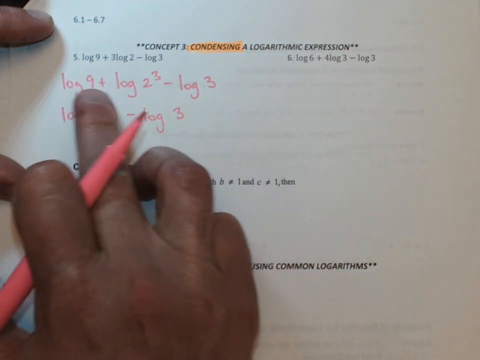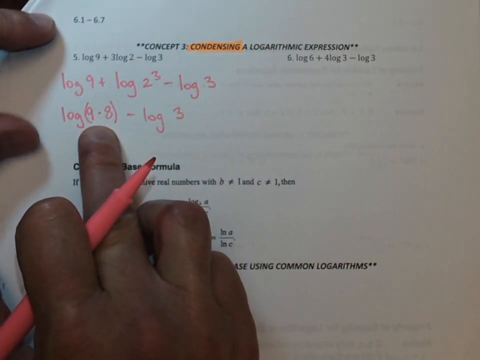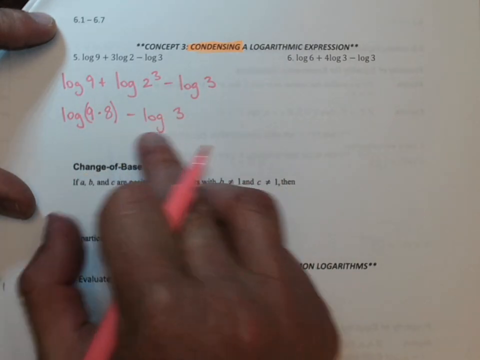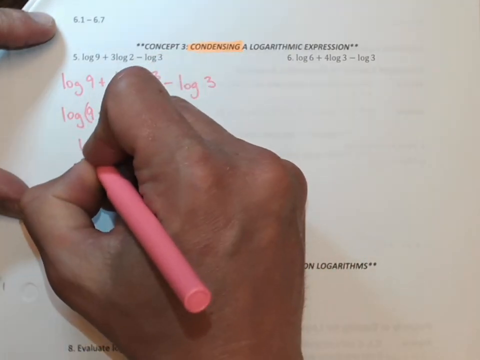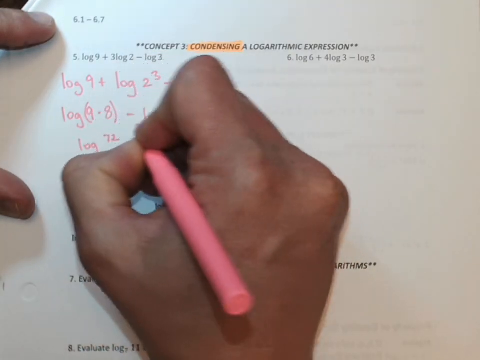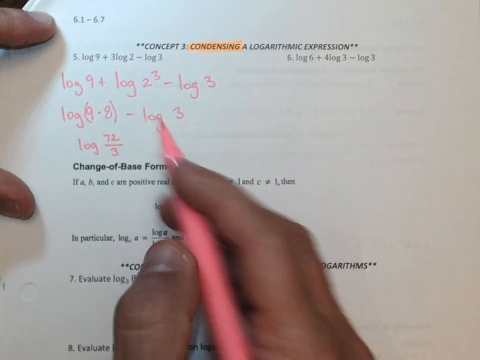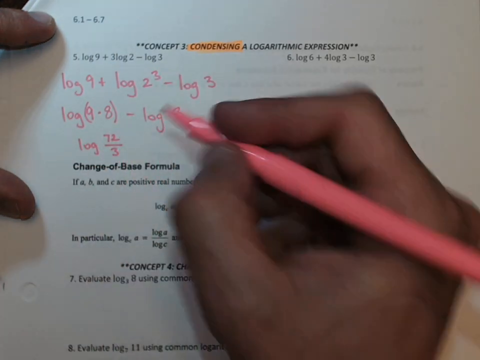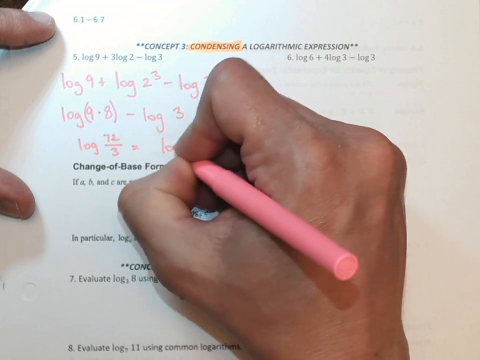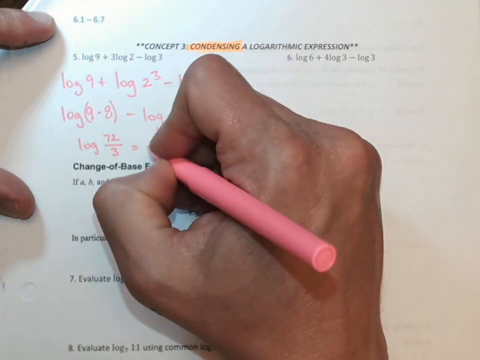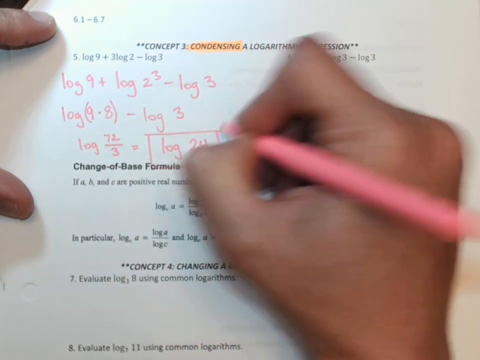So I can condense those two. That's log of 72, and now I can use log of 72 over 3 with the minus sign. And that is log of 24. And I'm done.